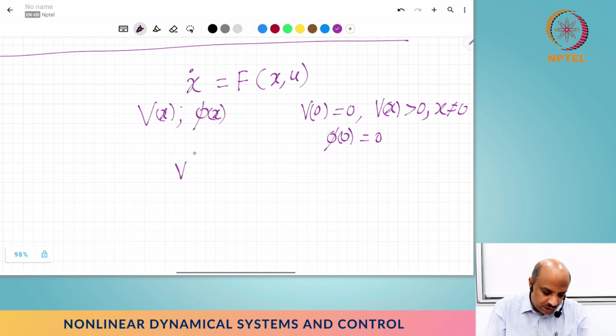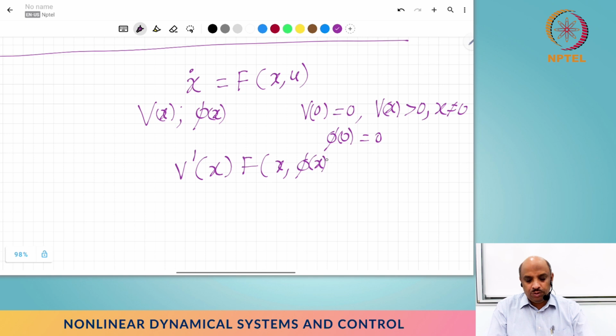And much more, basically we are going to say V prime of x times f of x comma phi of x, that is, instead of u, I'm going to pick u to be phi of x, the feedback control, is less than 0 for all x non-zero.